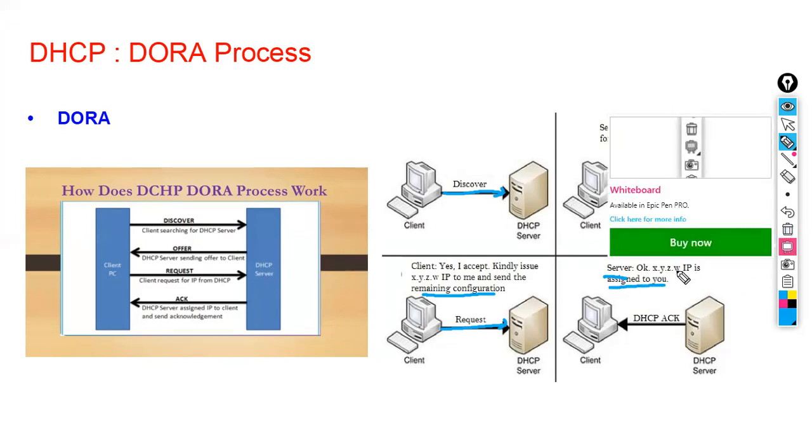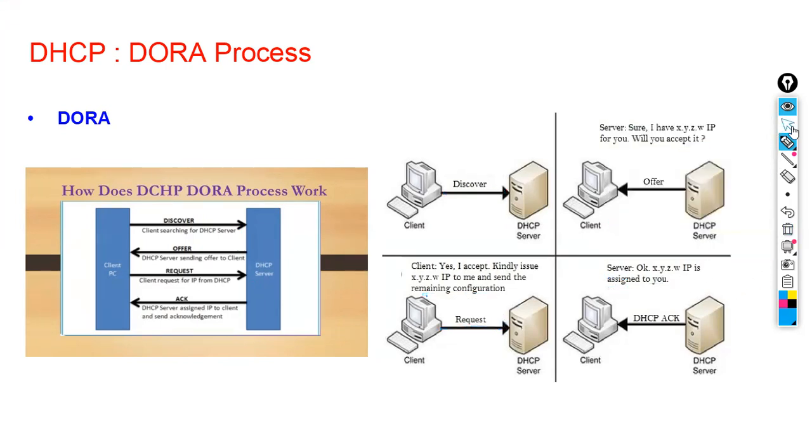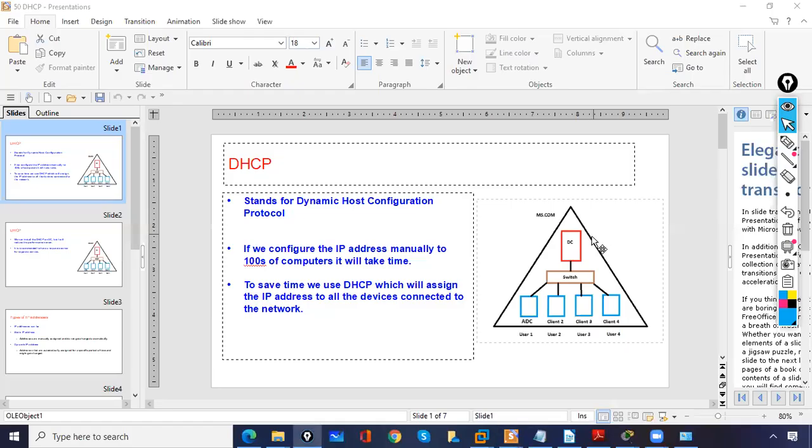So it will assign the IP address to the client, and it is called the DORA process. Why is it called the DORA process? Discover, offer, request, and acknowledge. These are the short forms. So this is how DHCP works.